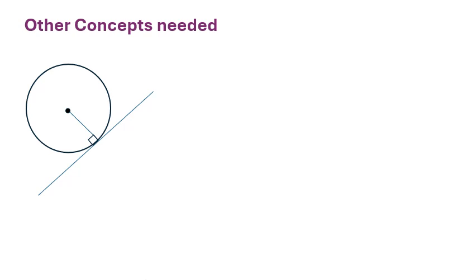One of the concepts that we need to know is that this tangent is actually perpendicular to the radius of the circle. Right, so tangent perpendicular to the radius is an important concept for finding the equation of a tangent line.